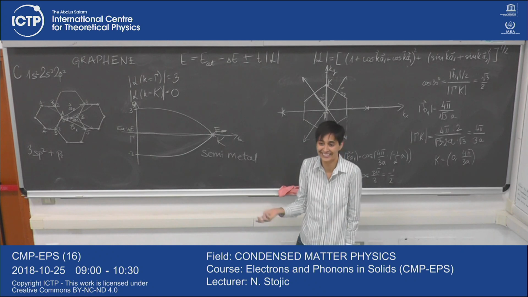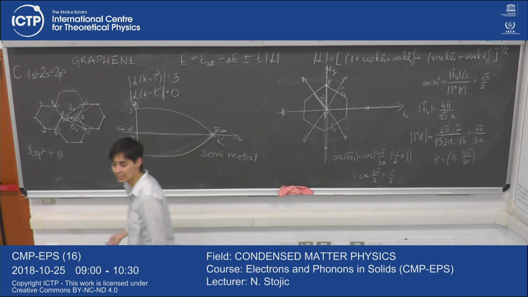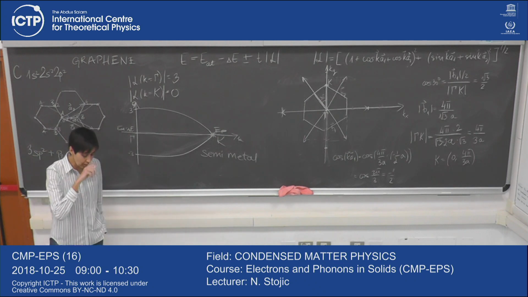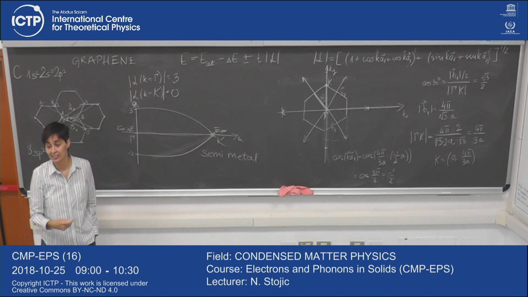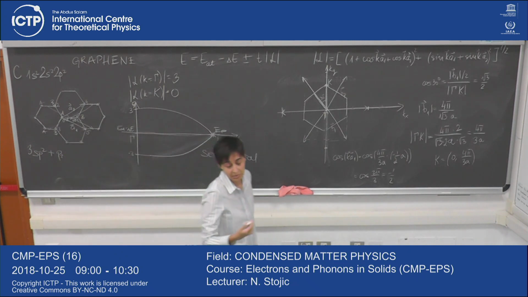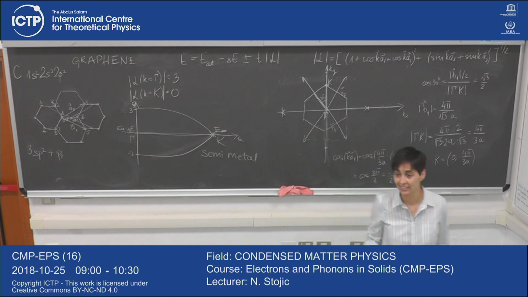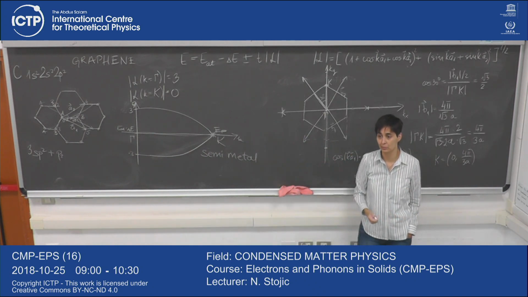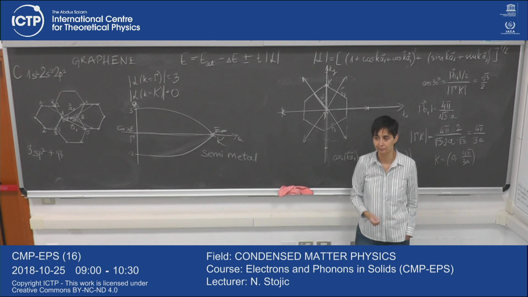It's done in 20 minutes, in less than 1 hour you can do it. It agrees quite well. And then you can also compare it to other tight binding calculations, taking into account also second neighbors or third. And this dispersion here has very few corrections. So it's valid. So we managed to derive really the most important, the most typical dispersion of graphene.